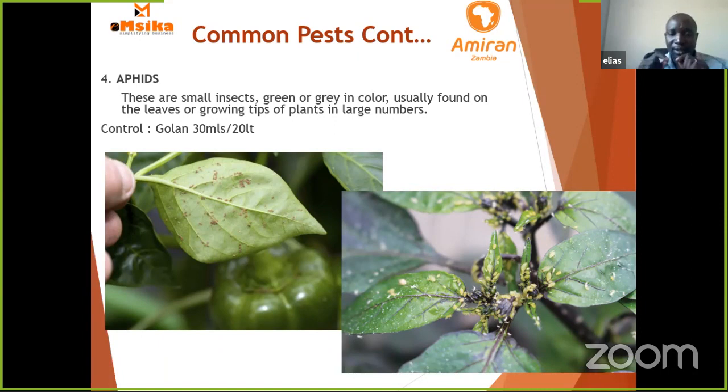They can be a nuisance in the sense that apart from sucking the water and the green sap from the leaves, they can also transmit diseases at a rapid rate. So this can be controlled by using, among other chemicals, golan, which is simply acetamiprid 20% SC, at a rate of 30 mils in 20 liters of water.